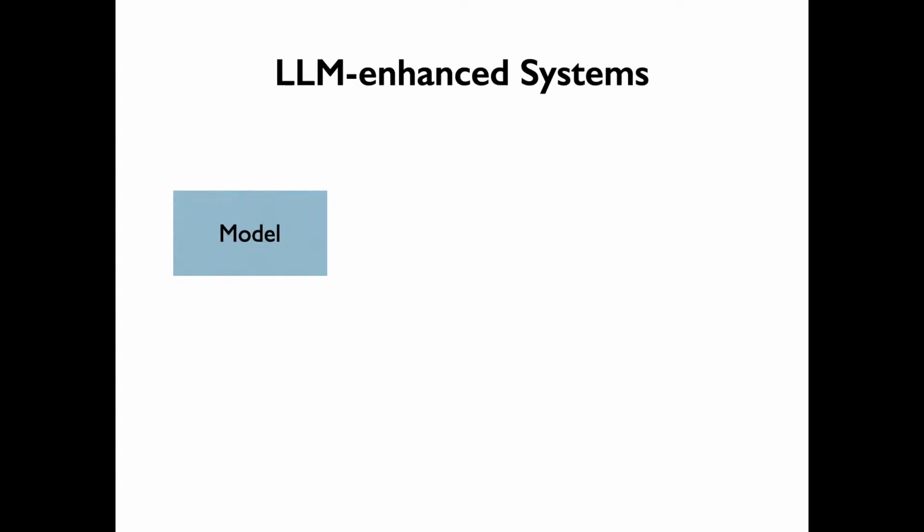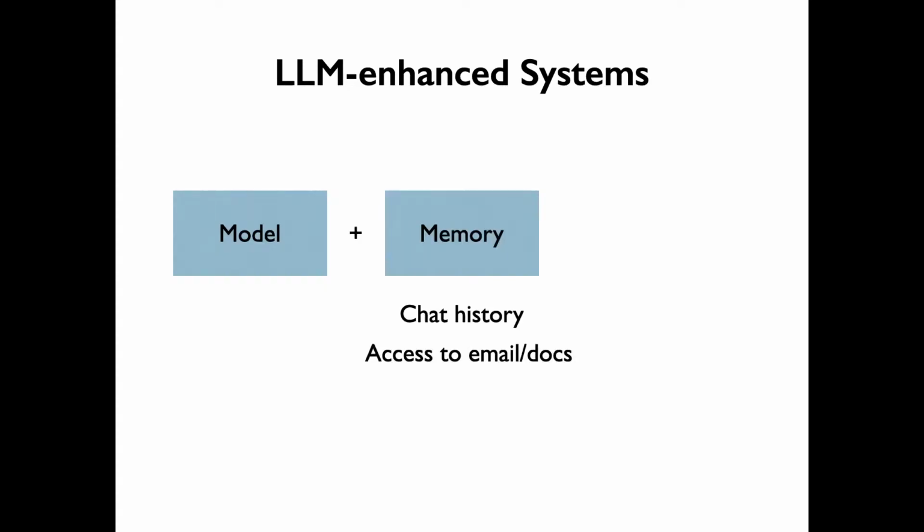But the model also may have access to other things, right? For example, right now, one of the most common things that the models have access to is memories, right? I don't know if you guys have paid attention, there is now a memory feature in ChatGPT where ChatGPT will remember your conversations and then try to personalize your answers, right? So it will remember what you had asked about previously, and then if you ask another question, you don't have to give it the whole context surrounding your question, it can give you answers, right?